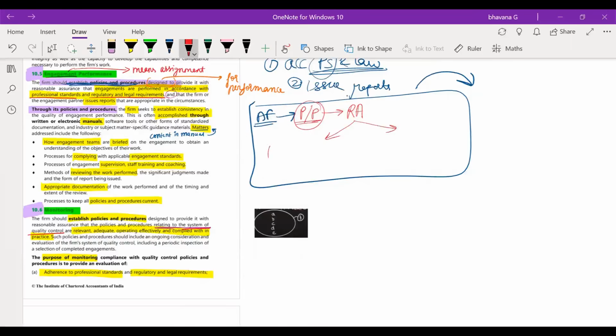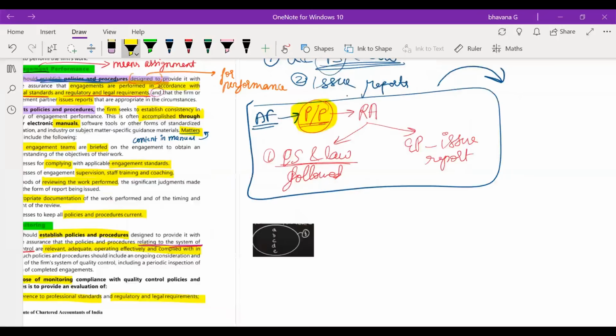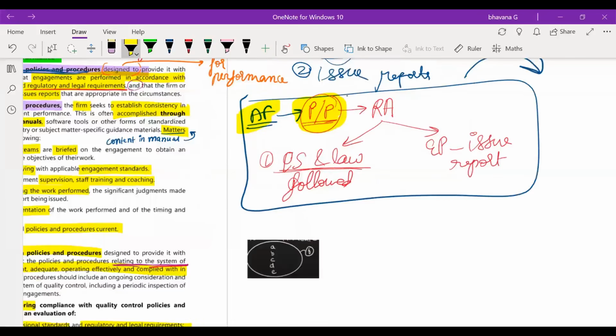One is that all the professional standards and law or regulatory requirements are followed, that means all your audit work is done in accordance with them, and also that your engagement partner is issuing reports. So this is what they have to take care of. Now, through these policies and procedures, why does this audit firm make them? It's because they want to establish consistency. It's because they want to establish what? Consistency.